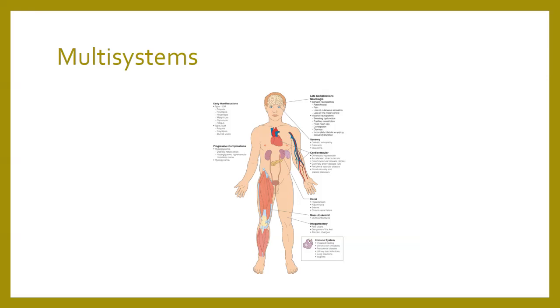Isophane insulin is an intermediate acting insulin, the only one of its kind. It has a slower onset, and the duration can last 18 to 24 hours. It's also used to provide a basal level of insulin coverage. And insulin isophane can be used with other drugs.